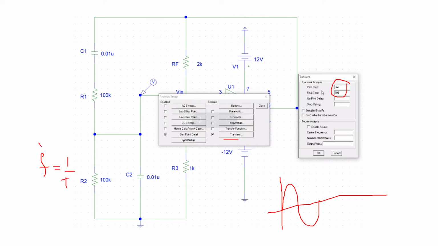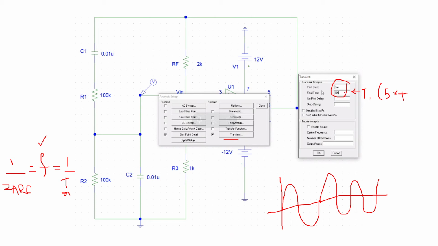Once you have calculated F, 1 over 2 pi RC, you can find t. If you put only t here, it will show only one cycle. But if you want to see 5t or 10t, you put 5 multiplied by t in the setup of the transient analysis.